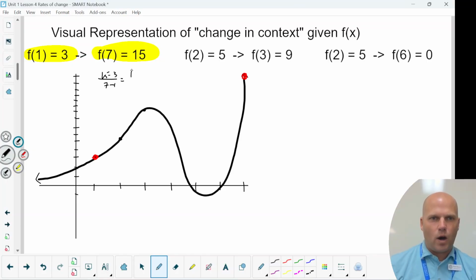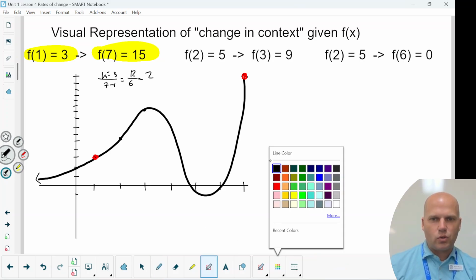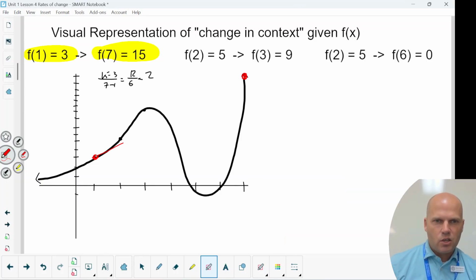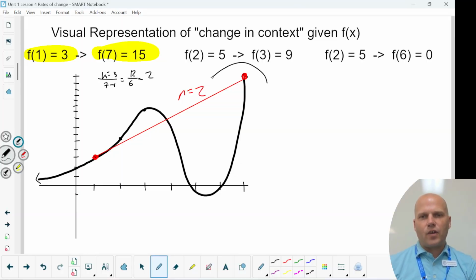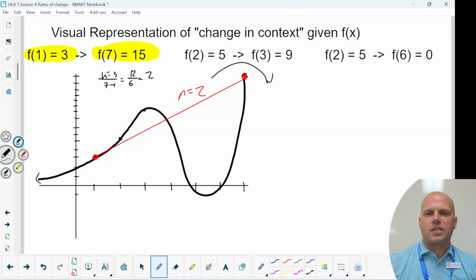We got that the y's are increasing by 12, the x's are increasing by 6. We get this 2. What is that visual? The visual is the slope of this line. This slope is 2.